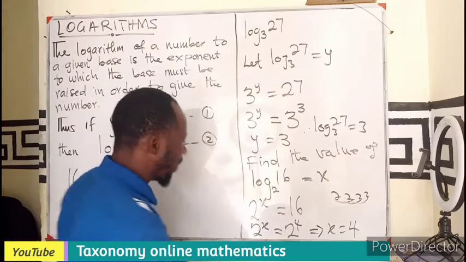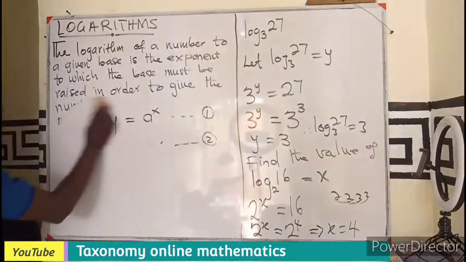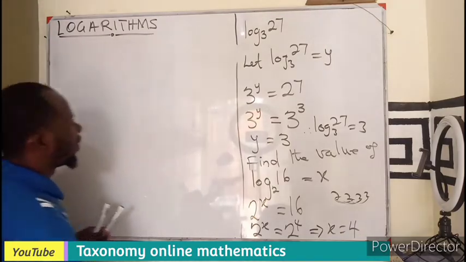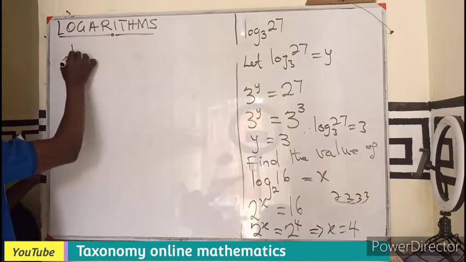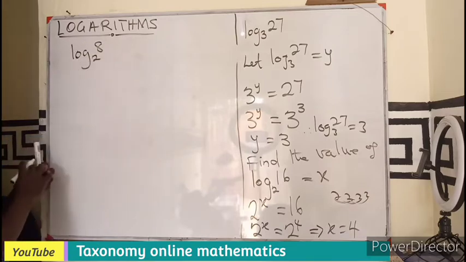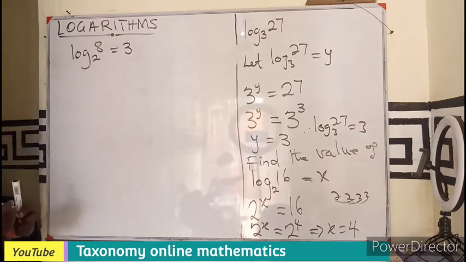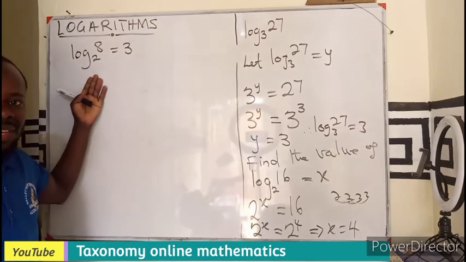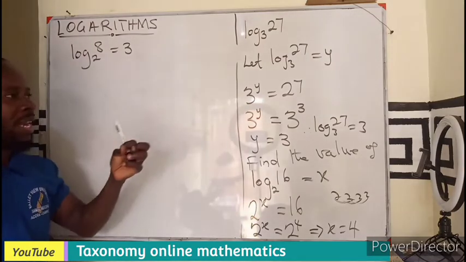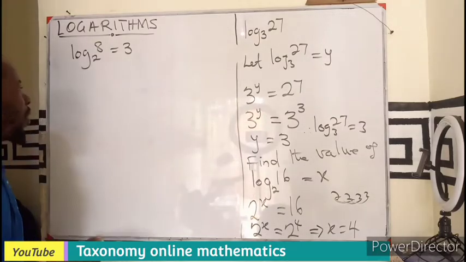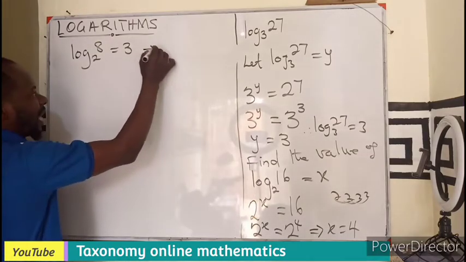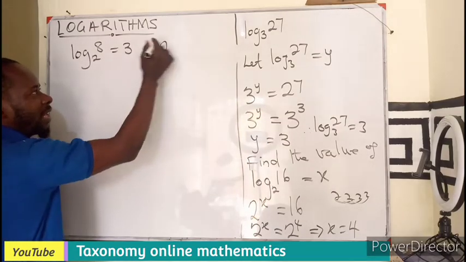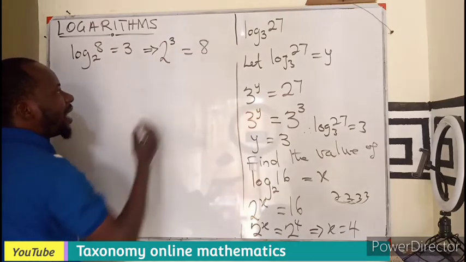So that simply means that if you are also given this to write back into indices, or to convert this to exponential indices form, don't forget that this will just be translated as, since the bases are the same, we take the number as the exponent, equals to what? 8.